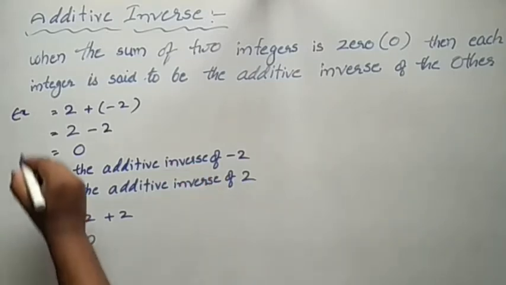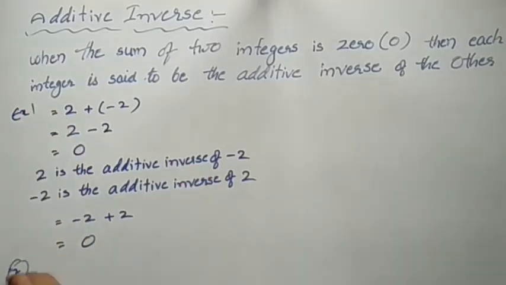I'll take one more example. Minus 50. For the minus 50, suppose I add 1, will we get 0? If I add 2, will you get 0? No. If I add plus 50, then I will get 0. So minus 50 plus 50 cancel, and then we will get 0.